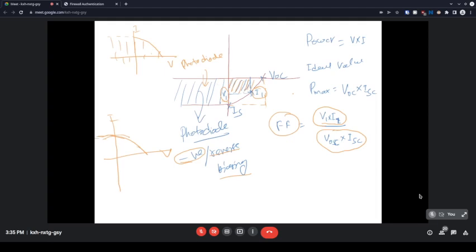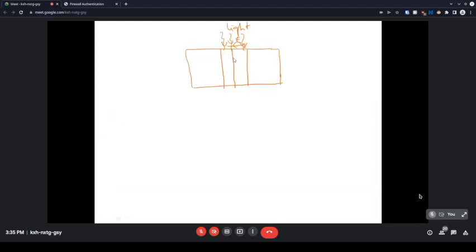But next, what I was explaining here: this is the N junction, N type semiconductor, and this is a P type semiconductor. It depends on whether electrons are created from here and accumulated here, and in the same way holes are accumulated here.